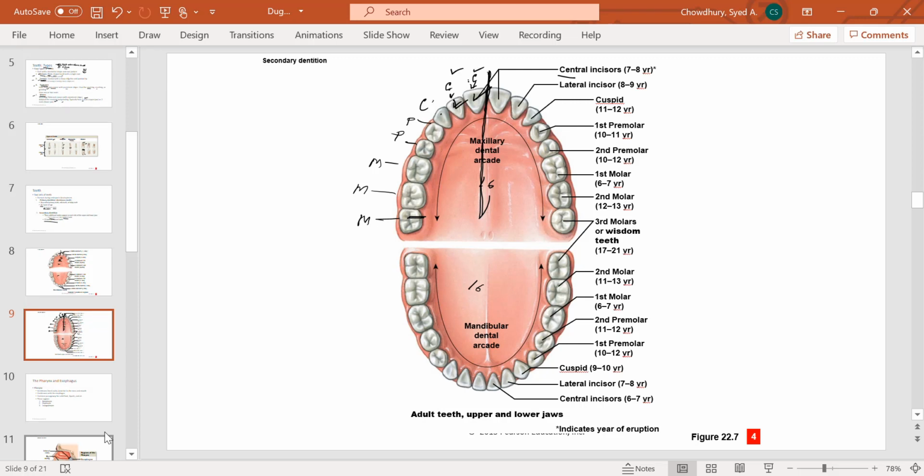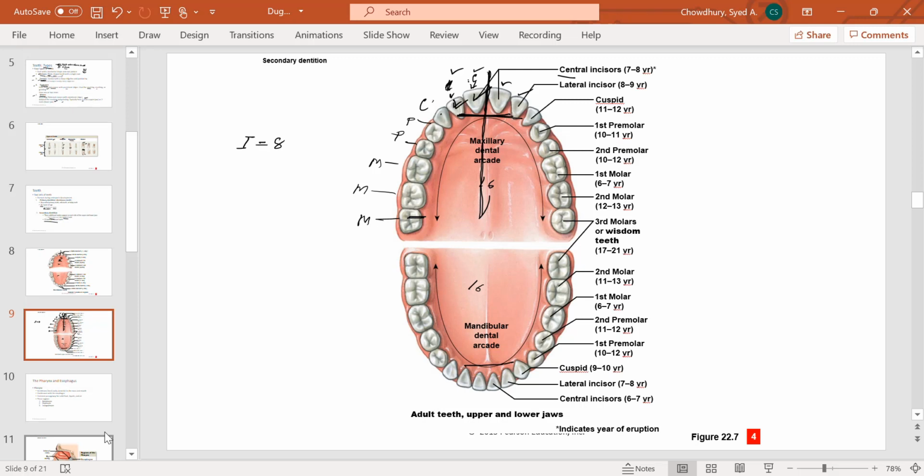So if half of the arch has two incisors, then the whole arch has how many? 4, right? 2 and 2. So all together you have 4 incisors in the upper arch and 4 incisors in the lower arch. So incisors total 8.